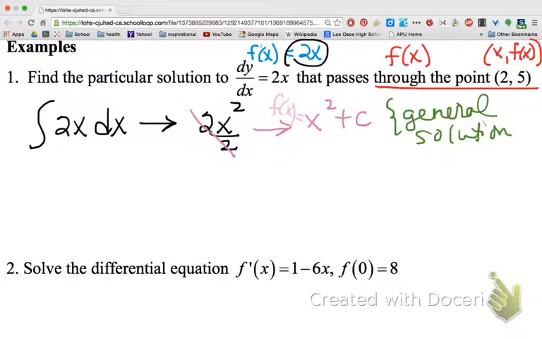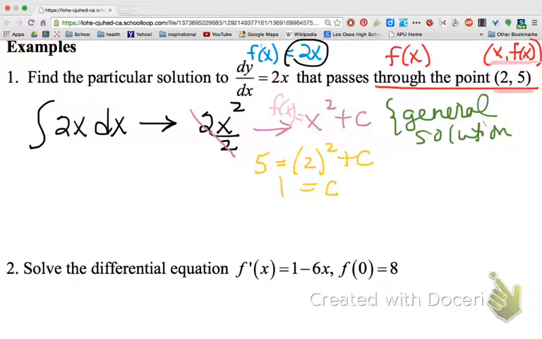But I know that I have this initial condition up here that in my function, when x is 2, y is 5, or f of x is 5. So that means I can simply plug it in.